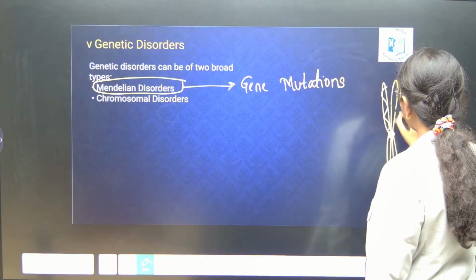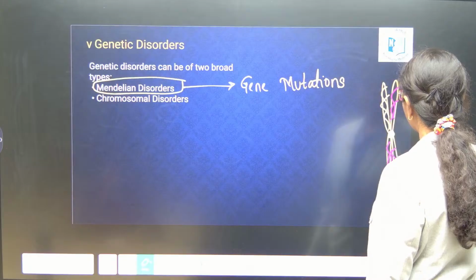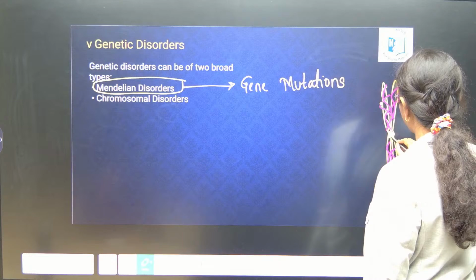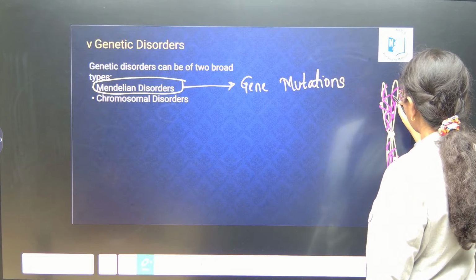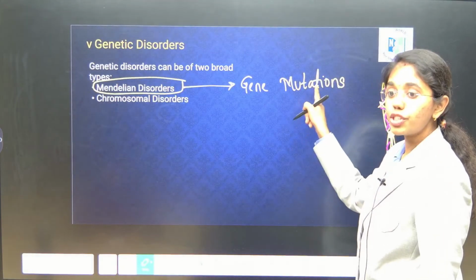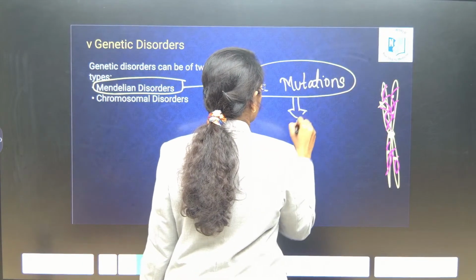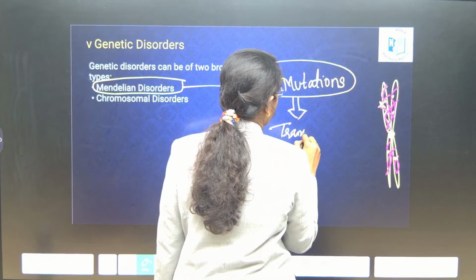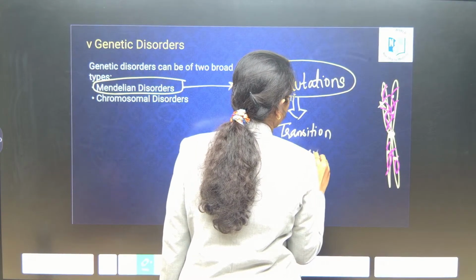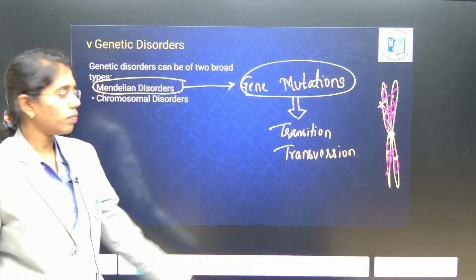Here you have the DNA, right? Over which genes are present. Fine, right? So mutation in any one of the genes will cause what? Gene mutations. These gene mutations will occur through either transition or transversion. Either deletion or insertion of any one of the genes will result in what?